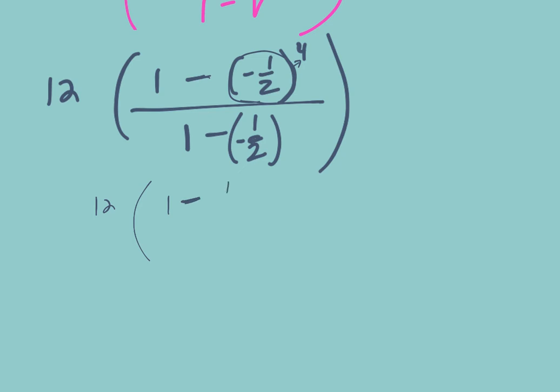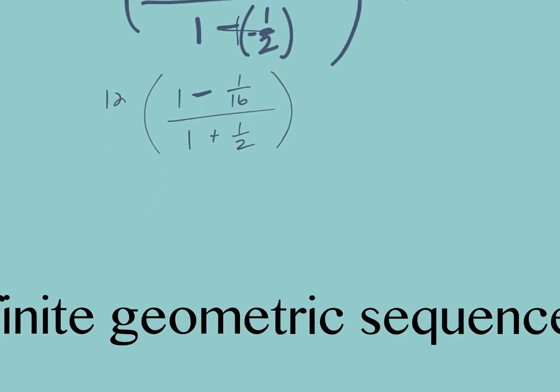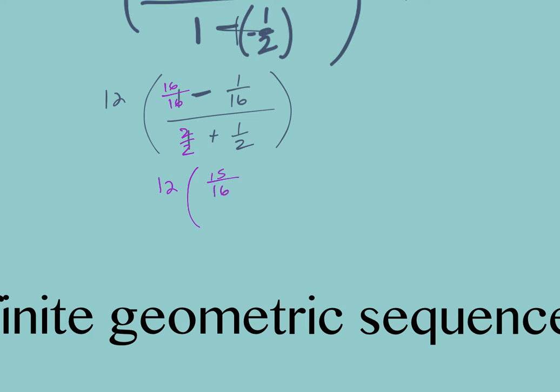And it's positive because it's an even power here. If that was an odd power, it would be negative. And then 2 times 2 times 2 times 2 is 16. So 1 minus 1/16 over, this becomes plus, 1 plus 1/2. You have to find a like denominator here, so I make this 16 over 16 and I make this 2 over 2. 12 times 15 over 16 over 3/2.